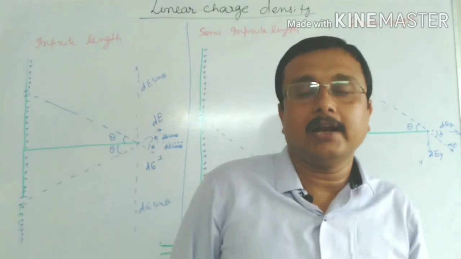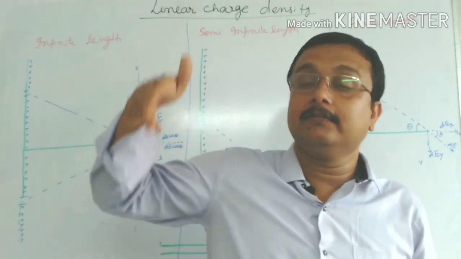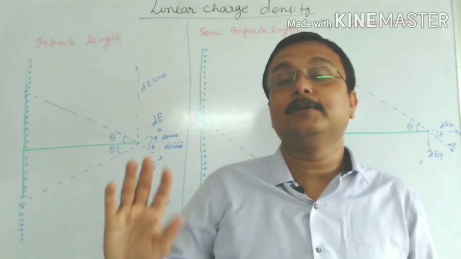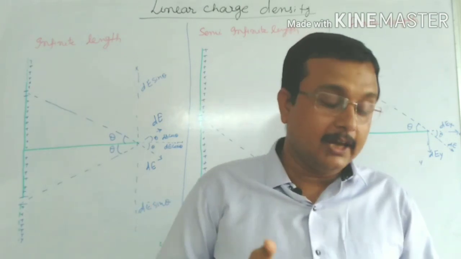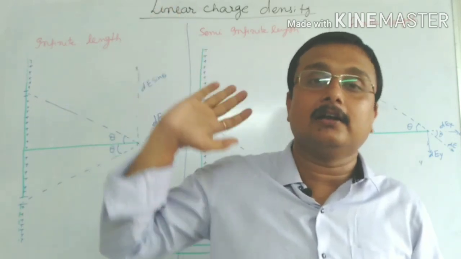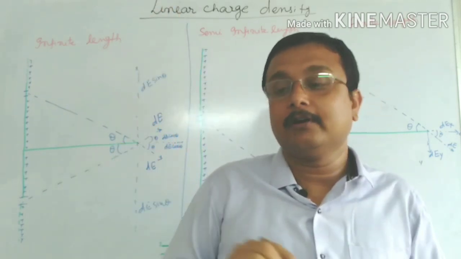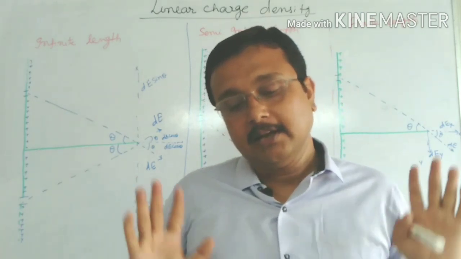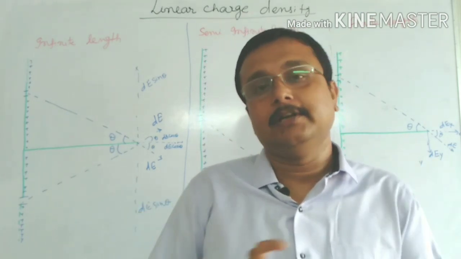So there are three cases that we have to learn: the finite length, the infinite length, and the semi-infinite length, meaning half of the infinite. Here infinite means a very large wire compared to the distance where we have to find the value of the electric field. That is the definition of infinity here.